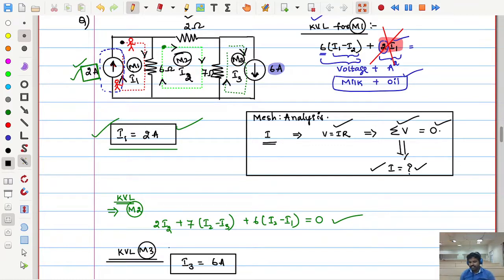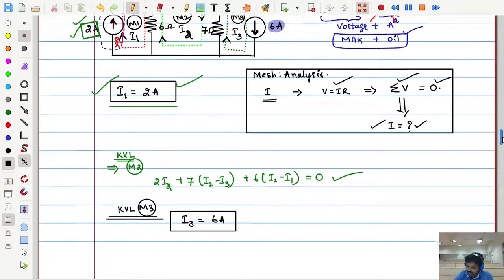See how simple this problem is. Whenever you have a friend, a current-nature friend, only a friend for your area, not common for anybody, that is the luckiest thing you obtain. You should appreciate yourself and say, oh, I got some lucky dip today. That I1 and I3 are directly known without anything.